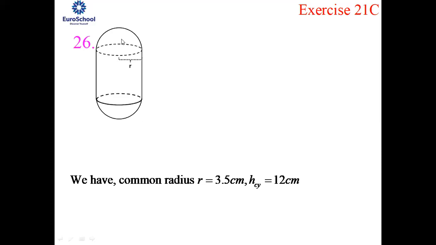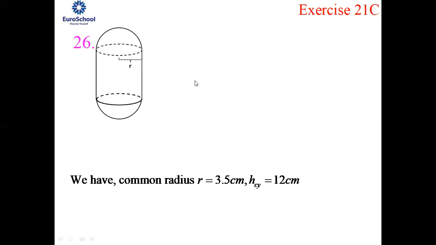And as you said, instead of considering two hemispheres, you can also consider it as a sphere because the dimensions are the same for both. But I have considered it as two hemispheres and gone with the answers. We'll look into it.